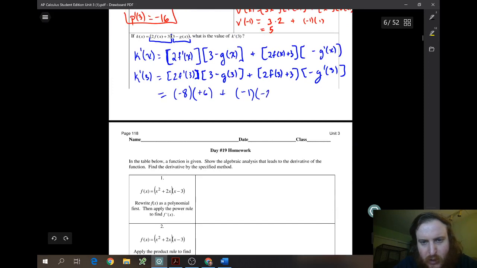It might be a good idea to show a little more work than this to actually show it out, like 2 times 4, and like 3 minus negative 3, and 2 times negative 2 plus 3 times negative 2.